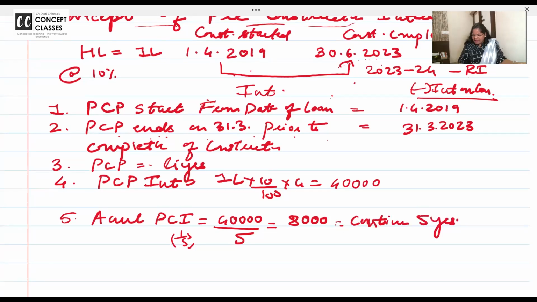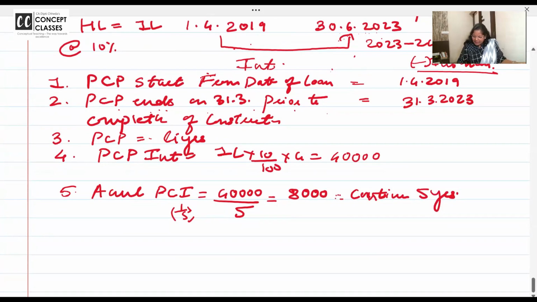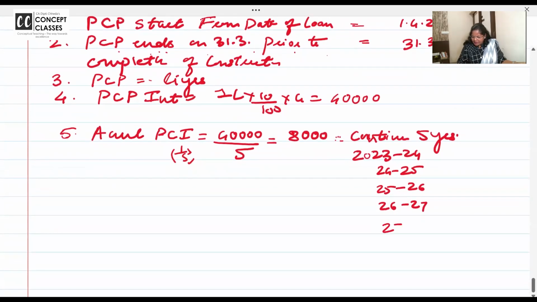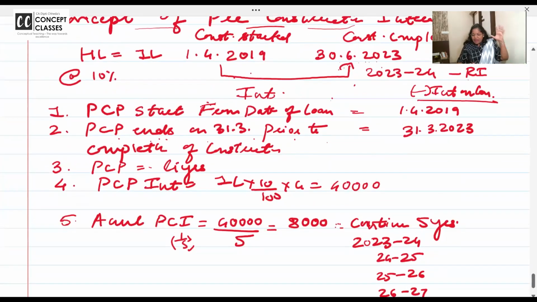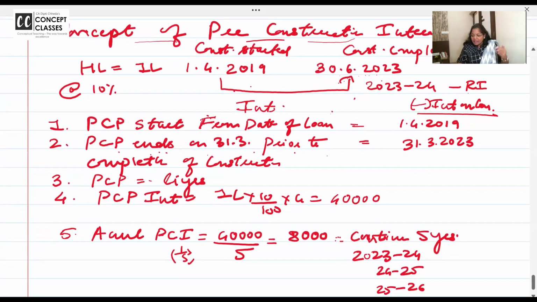You start getting income in which year? 23-24, 24-25, 25-26, 26-27 and 27-28. Let me complete and I'll clear all your doubts. So for 5 years you can deduct pre-construction interest.